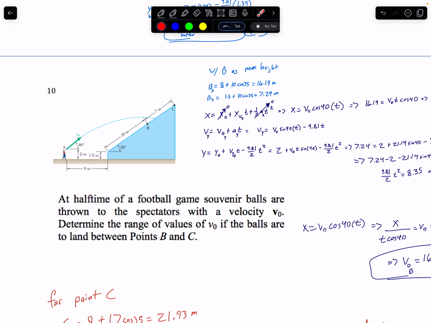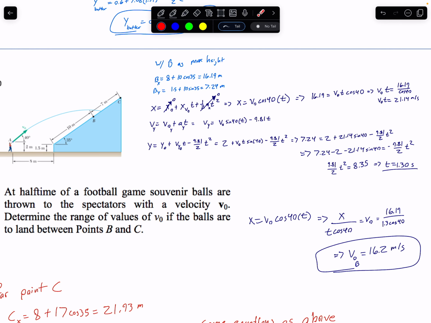We have an initial 8 meters, and then whatever 10 cosine 35 is there. So we know how far it has to go. And then for y, it's 1.5 up plus whatever 10 sine 35 is there. So that's where we get those values. 16.19 is how far it has to go, and 7.24 is how high it has to be.